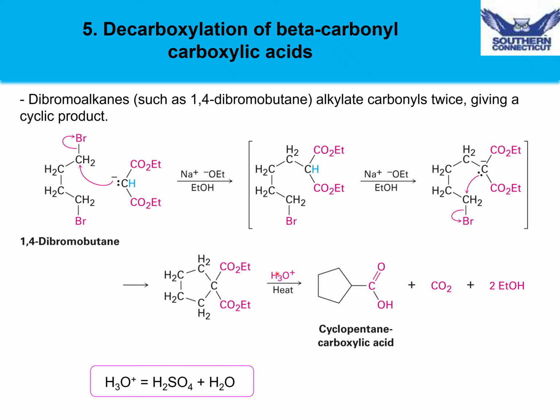If we add aqueous acid and heat it up, we can hydrolyze these esters into carboxylic acids. And then since they're beta to each other, one of these carboxylic acids would be eliminated through CO2 loss, or a decarboxylation reaction. So that will leave a single carboxylic acid as shown in this product here.